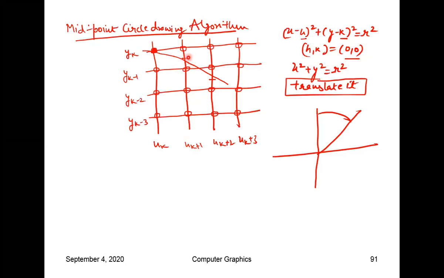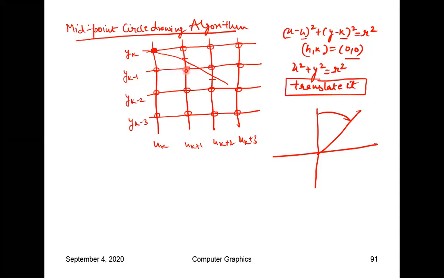But out of these two pixels, which pixel should we choose? This is the main question here. If we choose the above pixel, then the pixel is yk, the same as the previous pixel. And if we choose this pixel, then we are going downward, and this will be yk minus 1, which is the next pixel on the downward side.